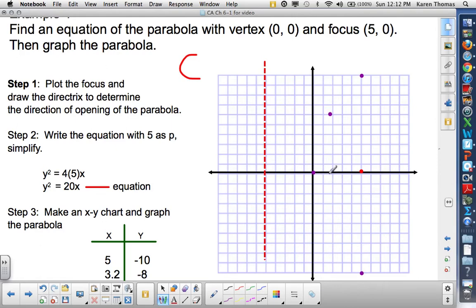And 1.8. 1, 2, 3, 4, 5, 6. And connect these with a smooth continuous curve. If you notice, the further away your focus is from your vertex, the wider your parabola is.